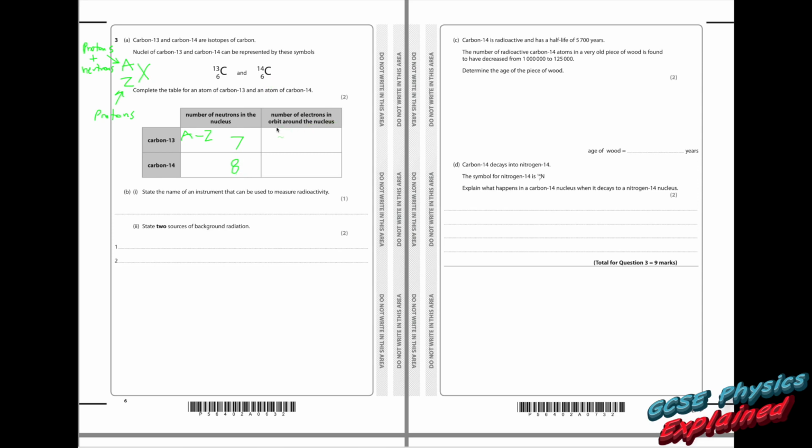The number of electrons in orbit around the nucleus. Well, all atoms are electrically neutral. Now, protons have got a positive charge and electrons have got a negative charge. So an atom always has the same number of protons and electrons. So if we look at the proton number, that also tells us how many electrons there are.